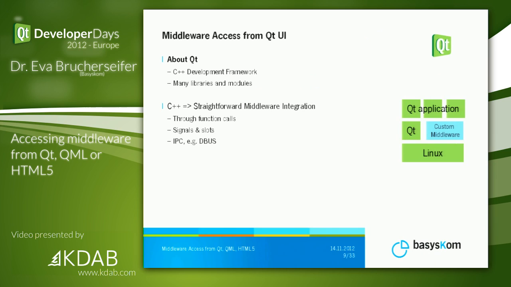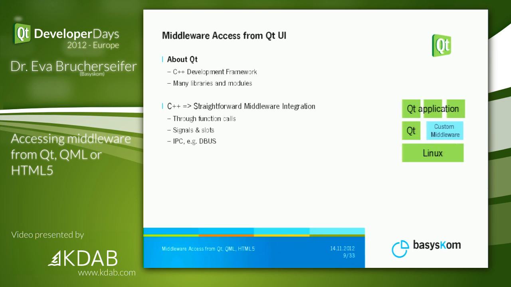So let's go on to Qt. Qt is what you already know. It's a C++ development framework. You can just use libraries, link against the libraries, and use your middleware libraries in C++.